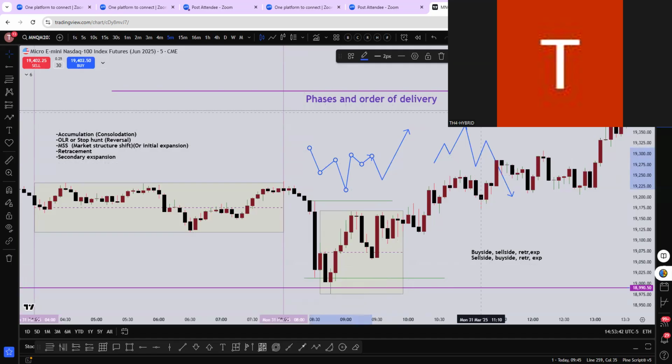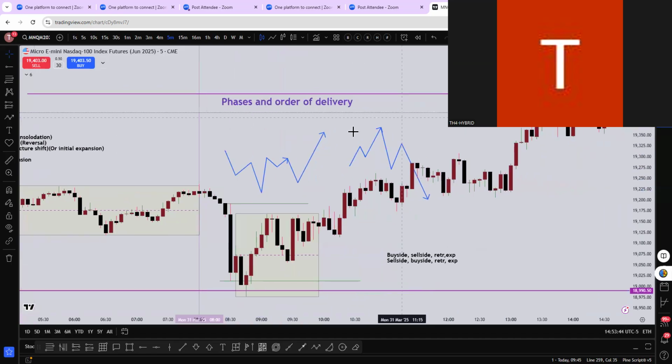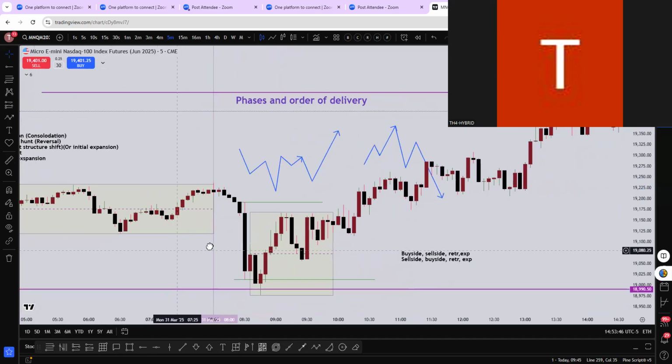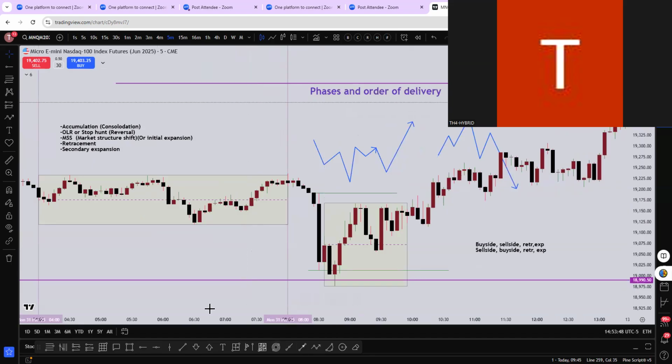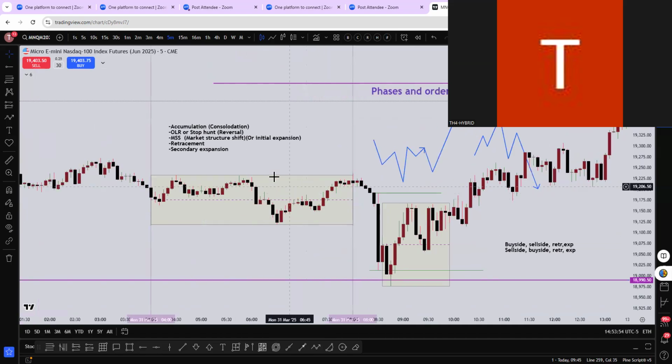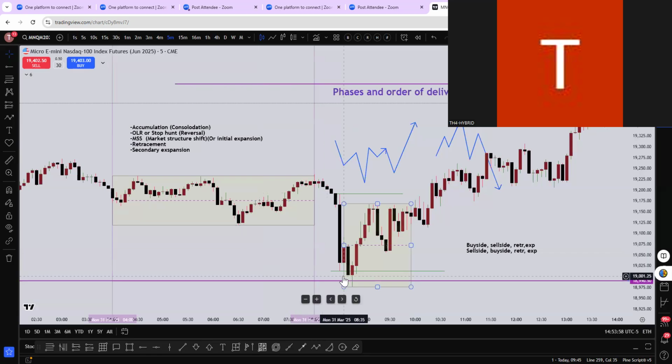As far as this lesson goes, an assignment for you would be to find this fractal on any time frame, mark out an accumulation, mark out the OLR, the market structure shift, retracement, expansion, and start getting familiar with each individual leg of this process and how it works.